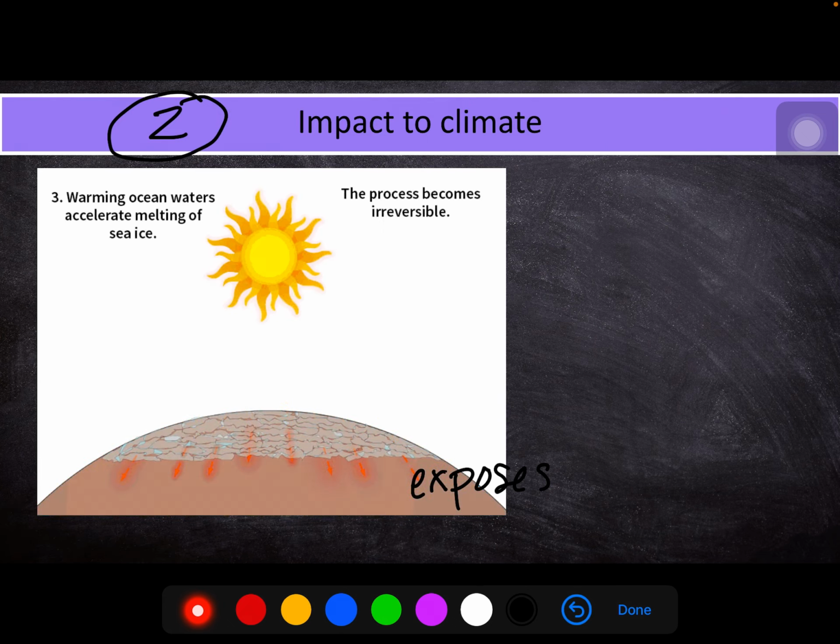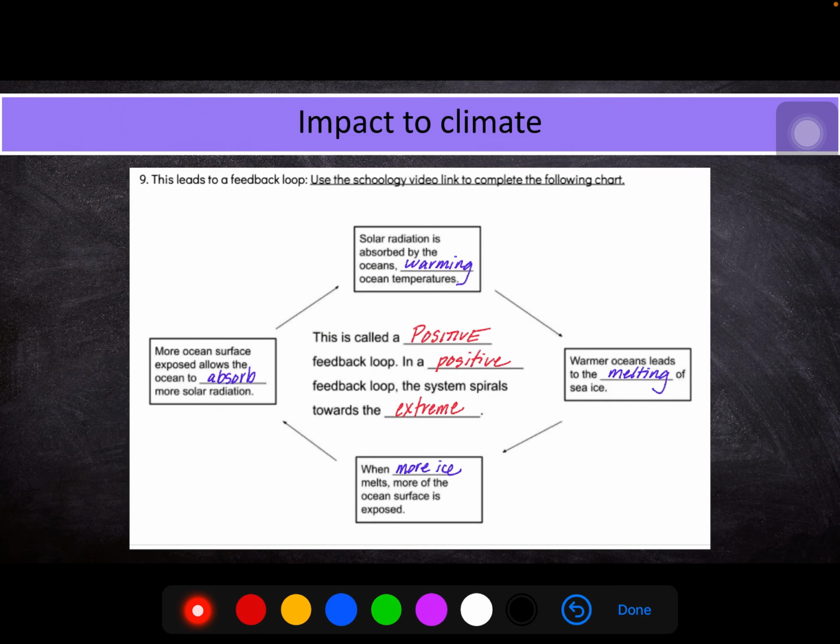And you really worked through this visual in your albedo investigation. And you created this positive feedback loop where these events continue to happen towards the extreme, kind of like a domino effect. This creates this, creates this, creates this, and it's never ending, continuing on and on and on, building on itself.